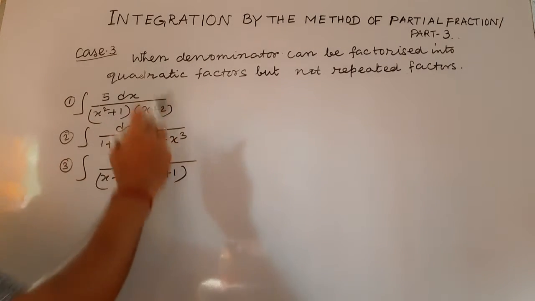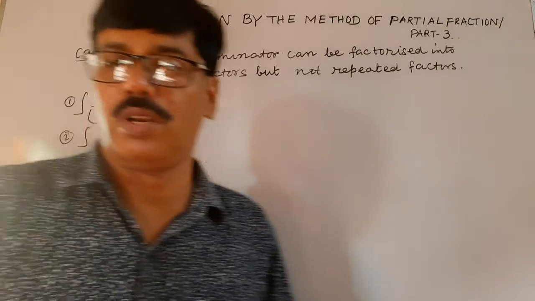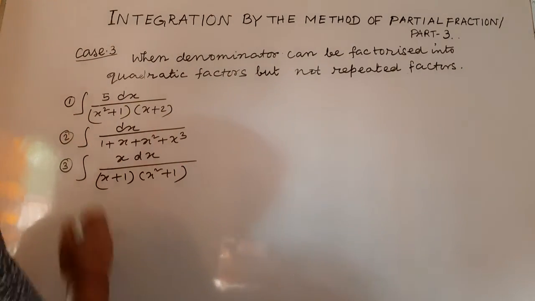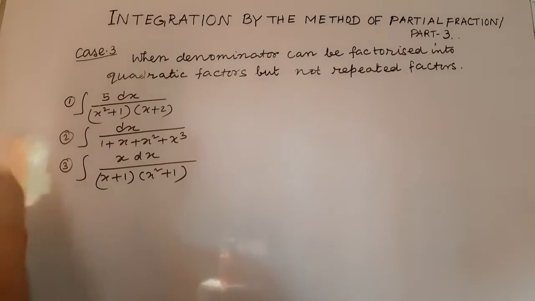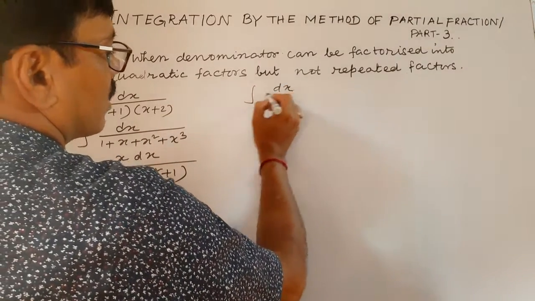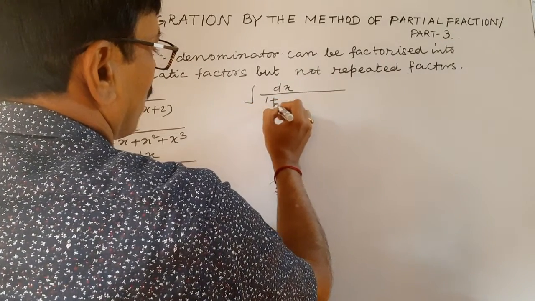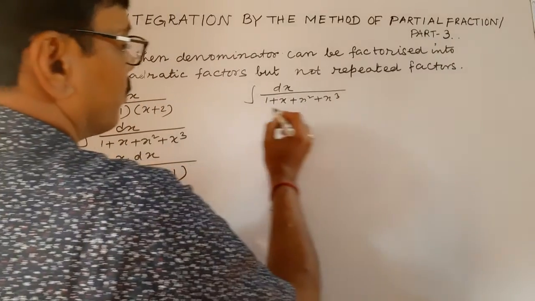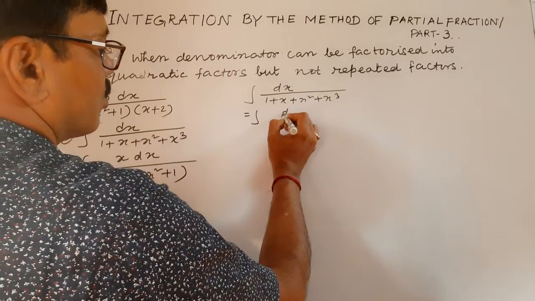For linear non-repeated, we know the rule, A by x plus 2. So they are of same type. So consider problem number 2: dx by 1 plus x square plus x cube. So factorize.